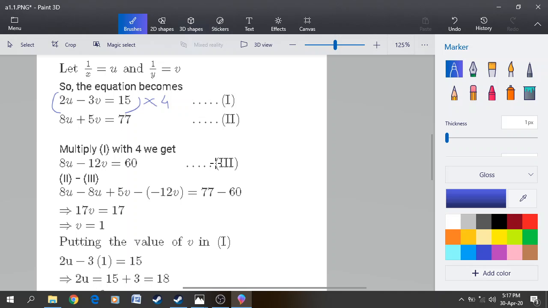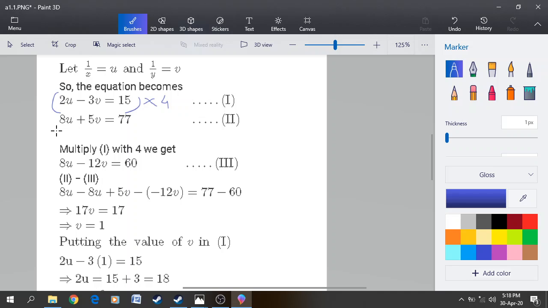This is our new equation which we will be subtracting from equation number 2. So equation number 3 is subtracted from equation number 2. What is equation number 2? 8u plus 5v is equal to 70.